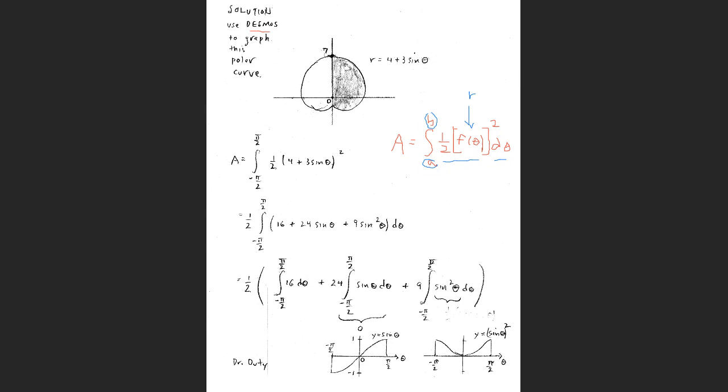So you can abbreviate the formula by writing it as the integral from angles A to B of one half r squared d theta, where of course r is a function of theta.